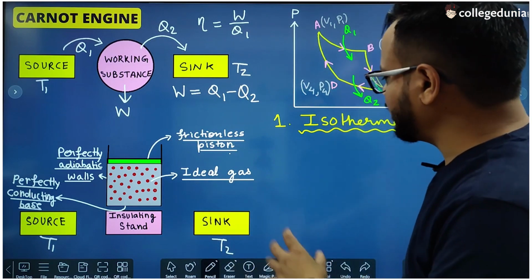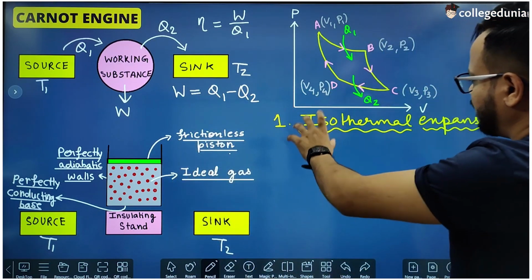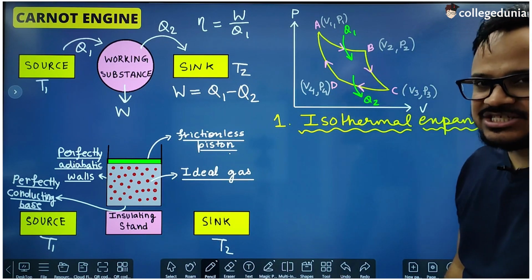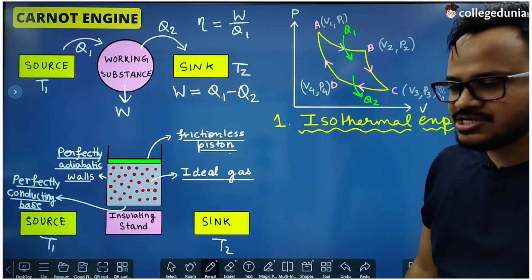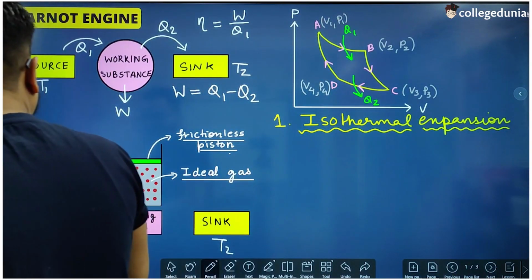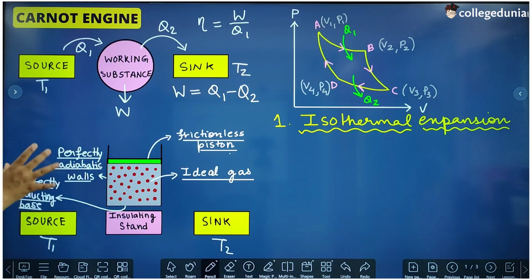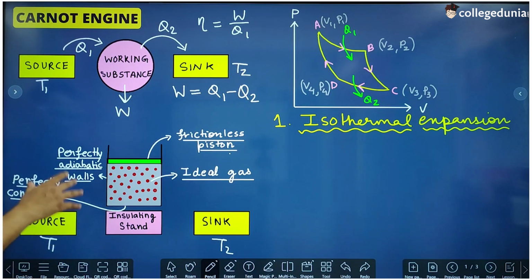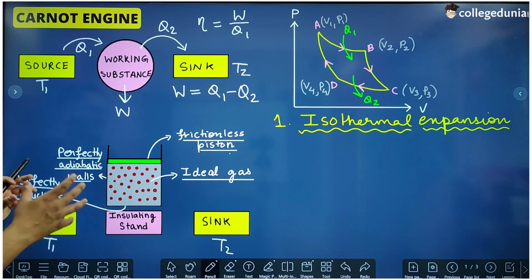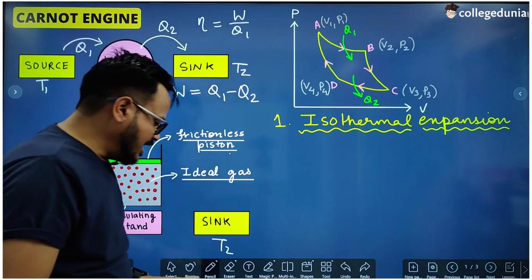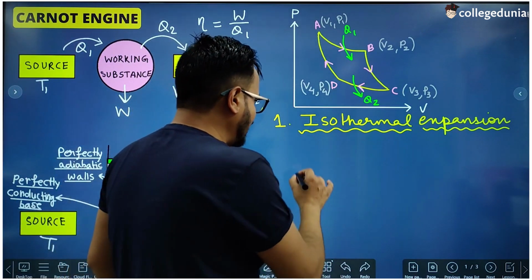That's why it is called isothermal expansion, because the temperature is not changing. Since there is a thermal equilibrium between the gas and the source, the temperature of the ideal gas will also be T1.